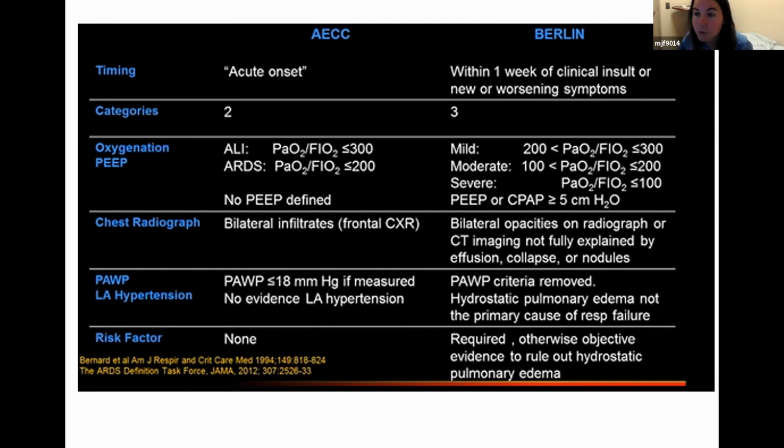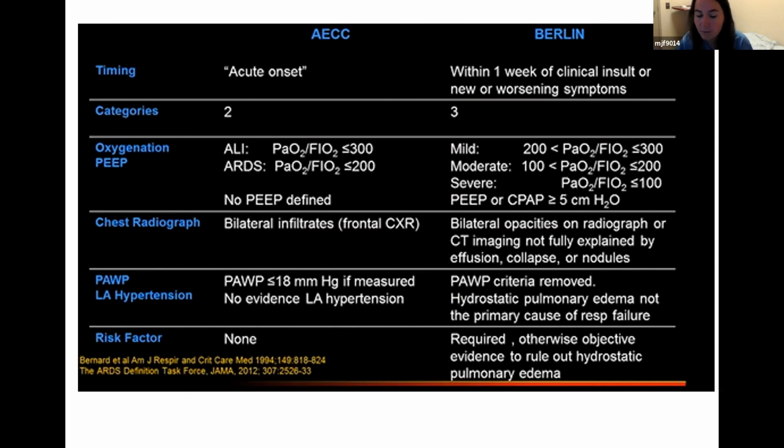If we wanted to truly measure shunt, we'd have to float a swan, measure mixed venous oxygen content, and then calculate the shunt fraction, which is obviously cumbersome, and we don't really float that many swans anymore, especially in our ICU. So this P to F ratio serves as a surrogate measure of hypoxemia.